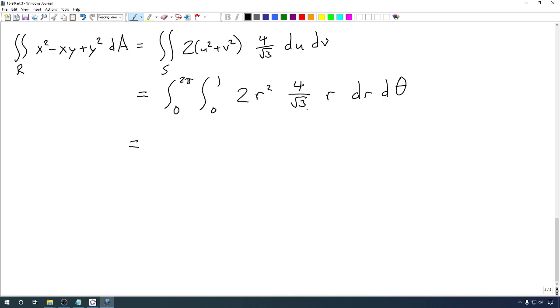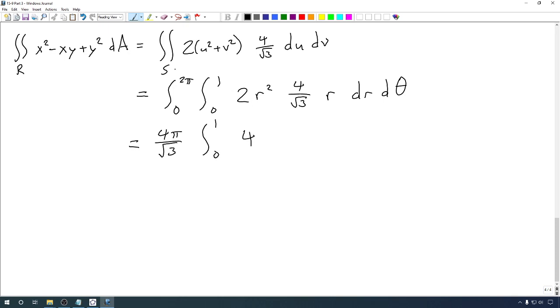I'm going to pull out a 2 over root 3. I'm also going to realize that since there's no thetas involved here, this 2 pi can just be pulled out as a 2 pi. So we actually get a 4 pi over root 3 on the outside. Still taking the integral from 0 to 1. I left a 4 on the inside.